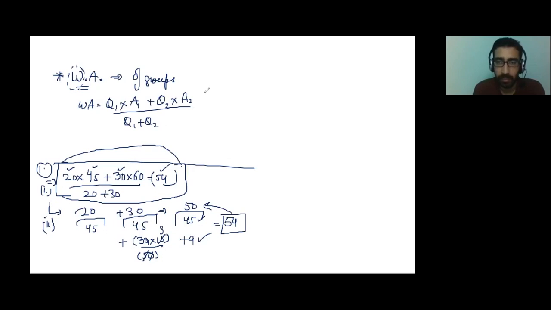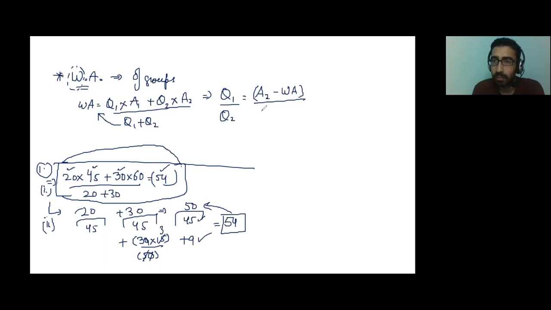If you cross multiply Q1 plus Q2 with the weighted average, WA is weighted average, and then rearrange this a bit, you will get something like this. Q1 by Q2, the ratio of the quantities, is always equal to, so how we do this is, if Q2 is in the numerator, then on the right hand side, the numerator is going to be the difference of the average of quantity 2 and the weighted average.